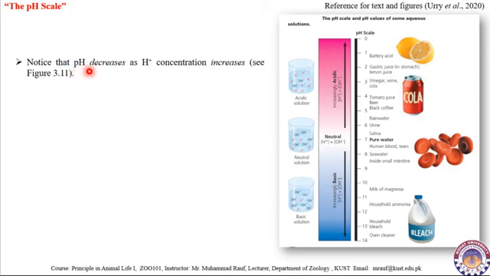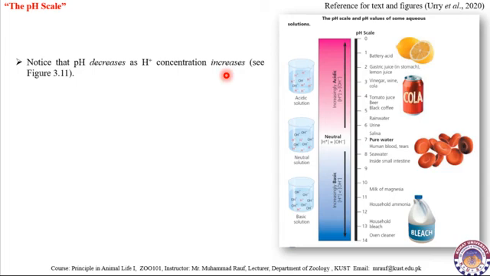Now notice that the pH decreases as hydrogen ion concentration increases. This is something which quite often puzzles students: when the value is increasing, we say that basicity is increasing, but when the value is decreasing, we say that acidity is increasing. For example, a solution having a pH of 6 is less acidic than a solution having a pH of 3.